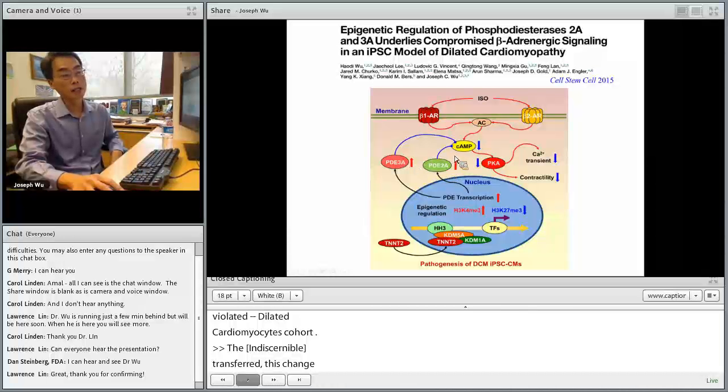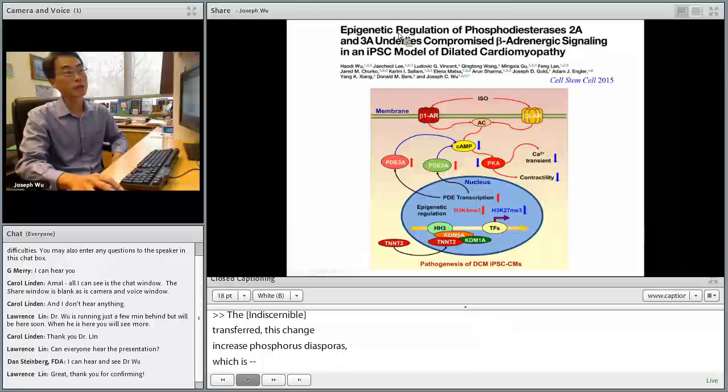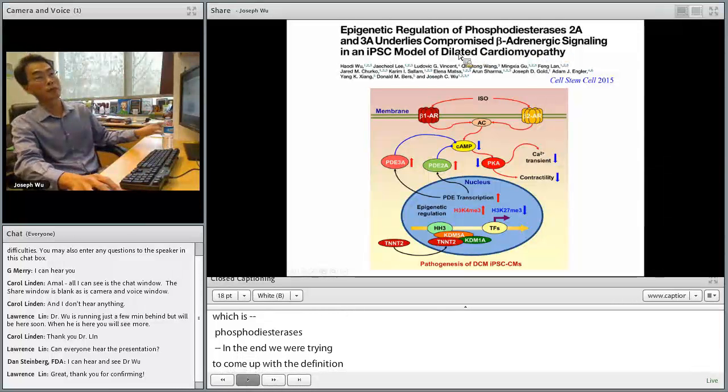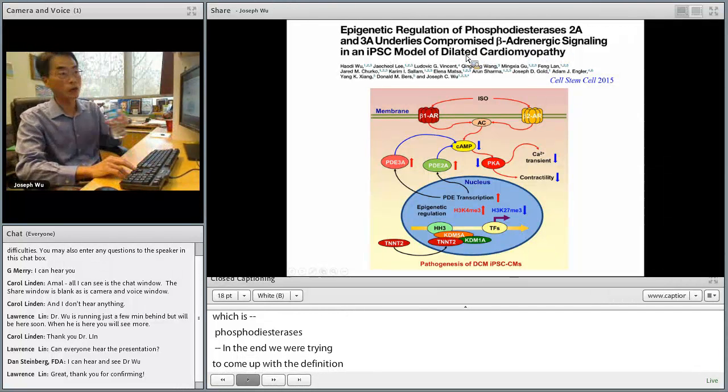Both of them cause increased hydrolysis of cyclic AMP, which decreases protein kinase A, which causes decreased calcium transient and decreased contractility. So in the end, we're able to come up with an additional mechanistic explanation for the family: epigenetic regulation of phosphodiesterase 2A and 3A causes compromised beta adrenergic signaling in these iPSC models of dilated cardiomyopathy.